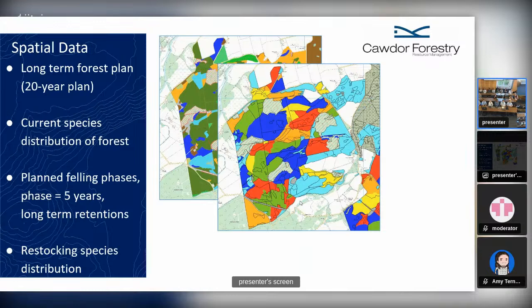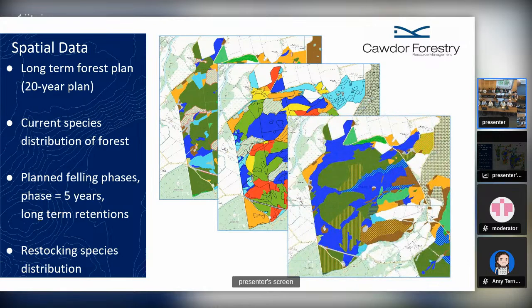Anything that's blue is either too young to be considered within the scope of this forest plan, or the light blue's long-term retention. So they're going to be kept for management reasons and not felled. So that's the felling phases. And then the final layer is the restocking species. And that's once an area has been felled and then it will need to be replanted.